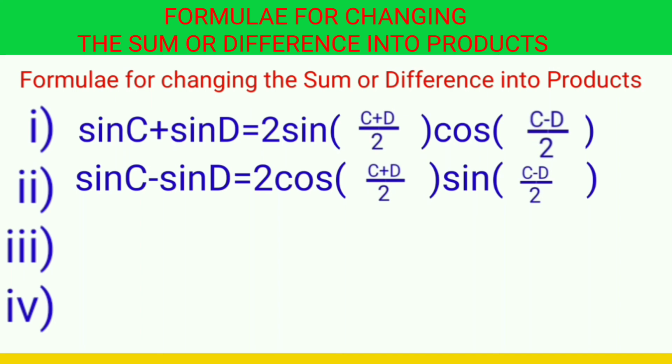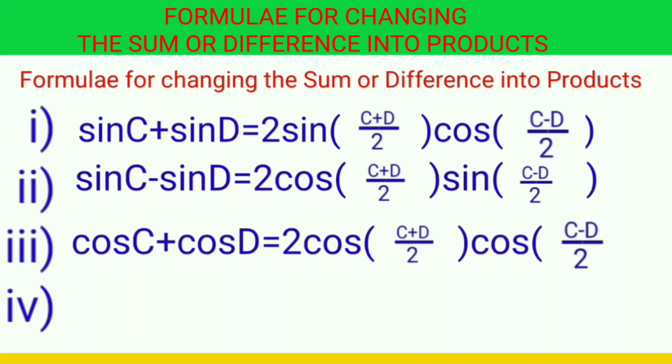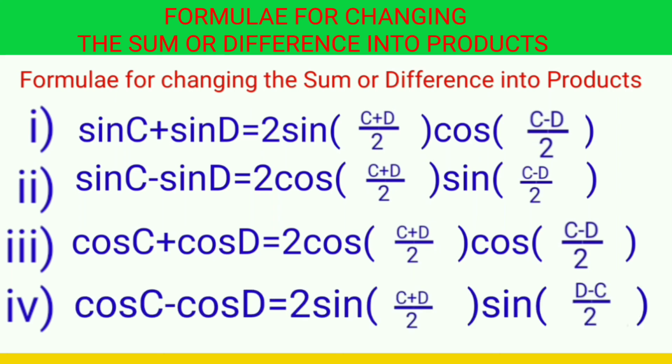Cos C plus cos D is equal to 2 cos of C plus D by 2 cos of C minus D by 2. Cos C minus cos D is equal to 2 sin of C plus D by 2 sin of D minus C by 2.